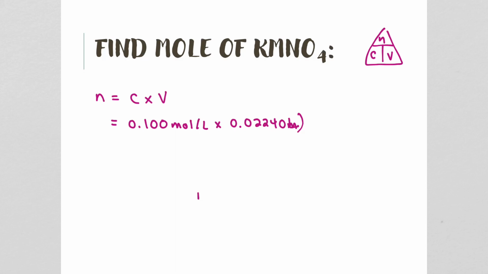And then when we multiply that, we get a number of moles of 2.24 times 10 to the negative 3 moles. Now that we have that value, we can solve to find out the mass of iron.